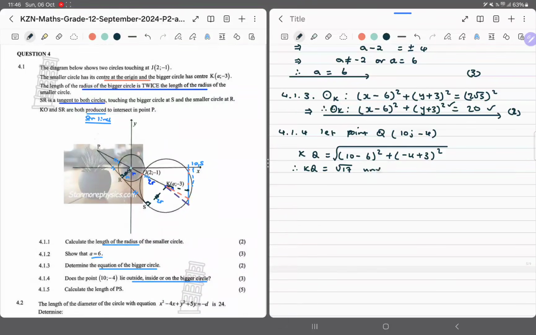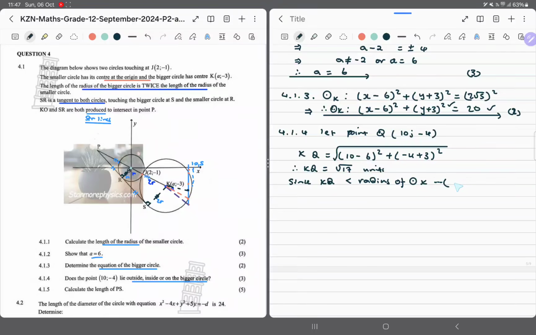So this is in units. So we can say since KQ is less than the radius of circle K, because the radius of circle K is square root 20, and root 17 is less.